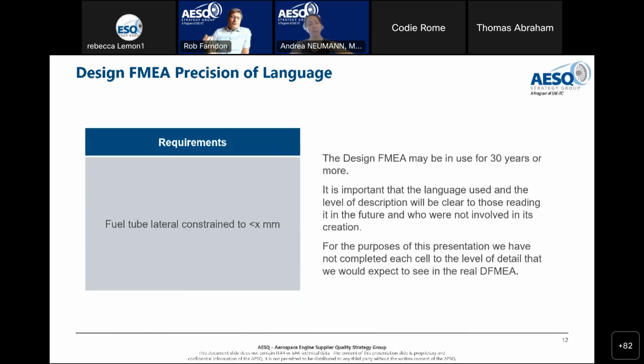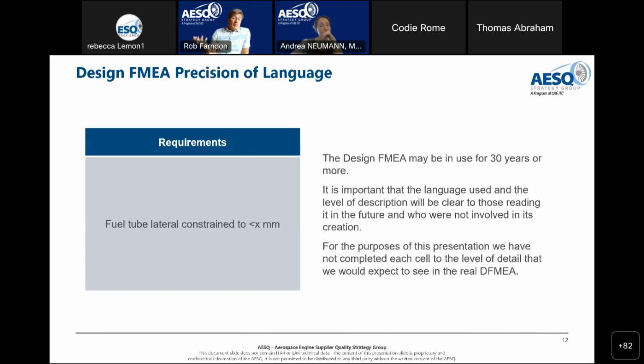So it's really important to be specific about what you're concerned about, what conditions you're concerned about, what the failure mode looks like. And it can turn some of these things into wordy cells. There's a lot of words involved. But that's important in order to be absolutely explicit about the concern that you have. So we've probably not completed each of these cells to the level of detail that you would expect to see in a real DFMEA.